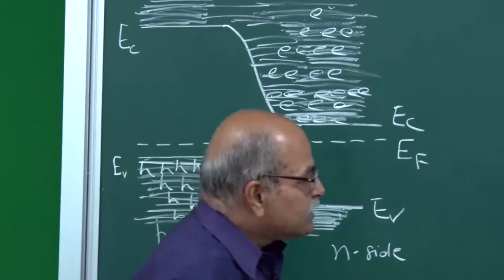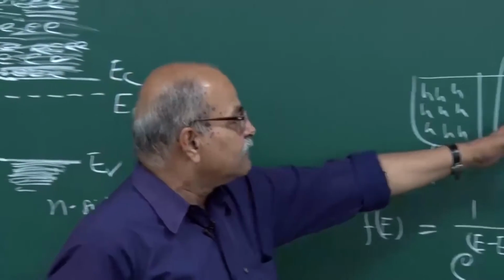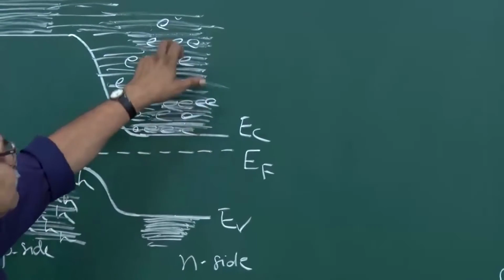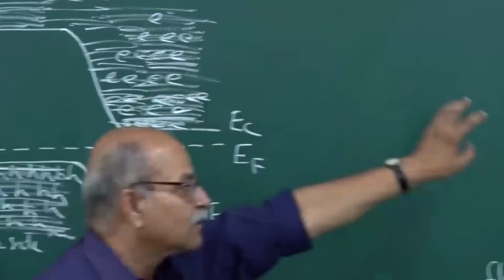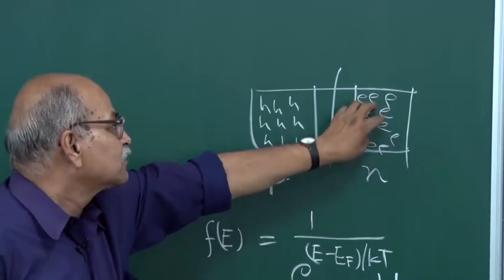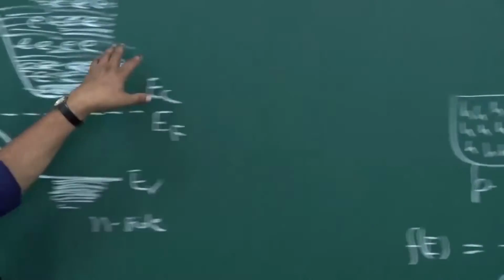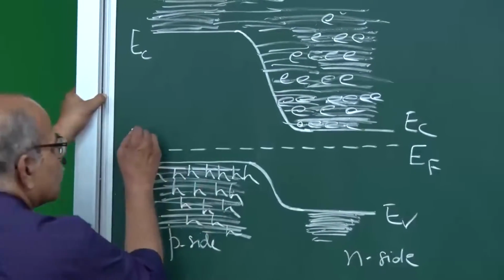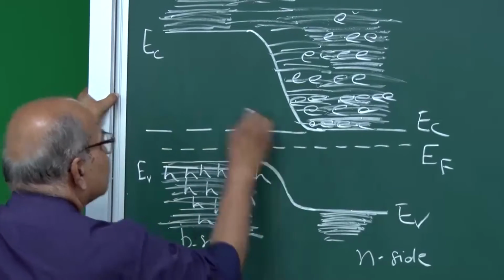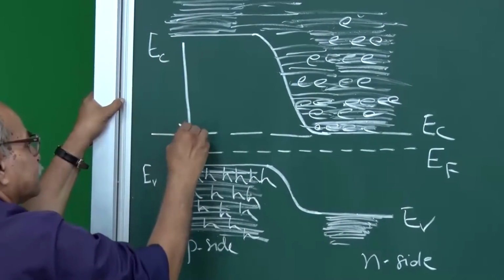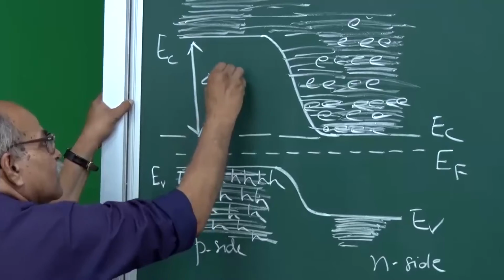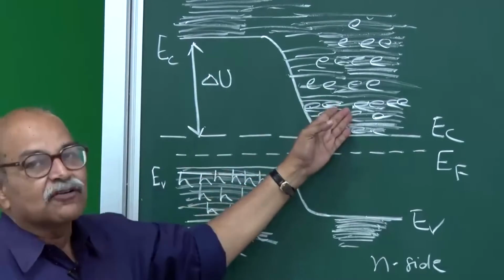Then if there is a concentration gradient, we have diffusion, but which electrons take part in diffusion? Here I cannot say which electrons take part in diffusion, but here we can, because of this energy barrier. You have this much of energy barrier, and so these electrons cannot diffuse.